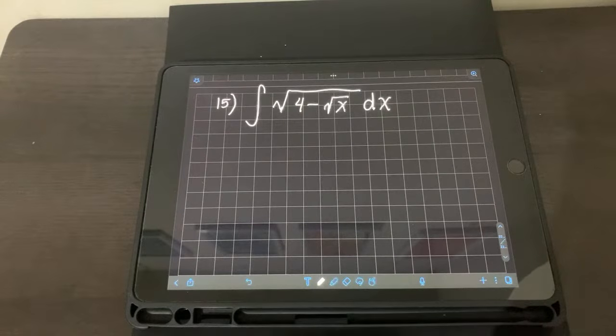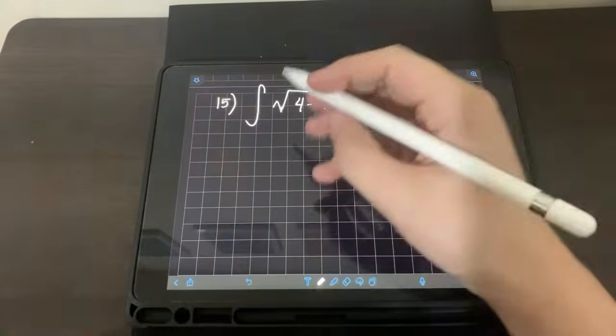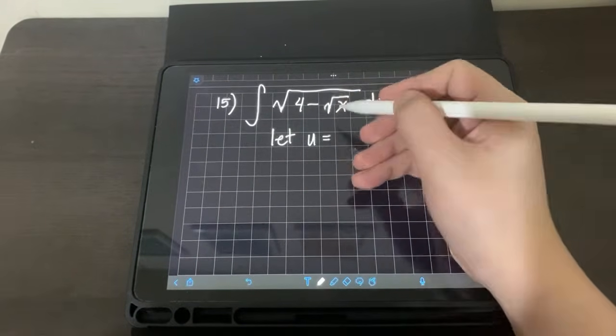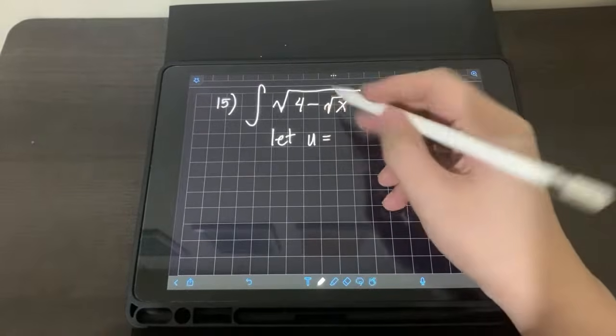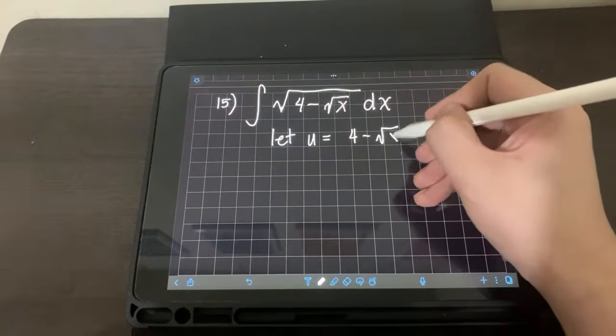So what u-substitution can we use? Okay, let's try to let u be equal to the expression inside, so 4 minus square root of x.